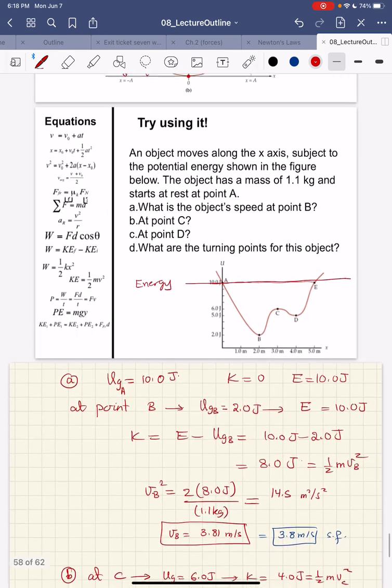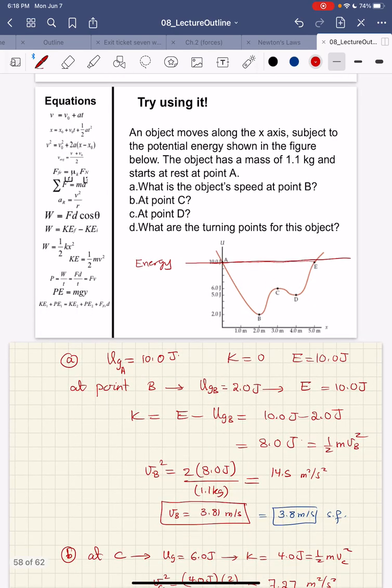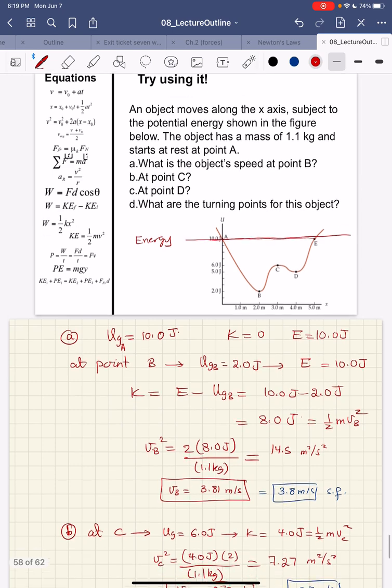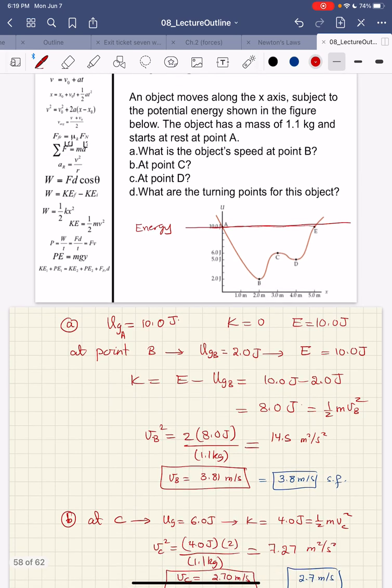Okay, here is the last problem. An object moves along the x-axis subject to the potential energy shown in the figure. The object has a mass of 1.1 and starts at rest at point A. Then we know that at point A it has 0 kinetic energy, and U_GA equals 10, then the total mechanical energy is 10.